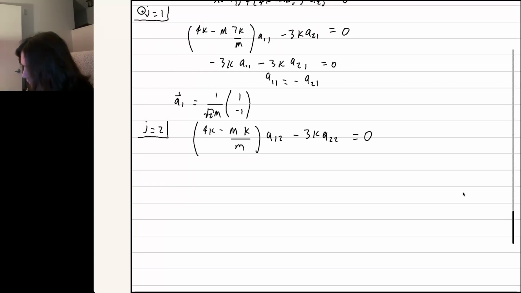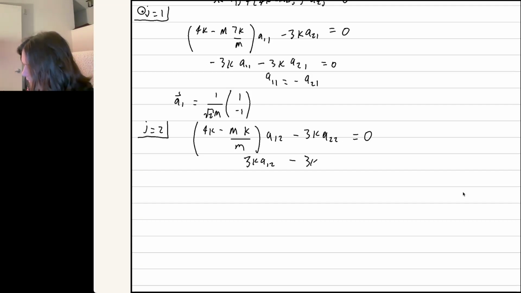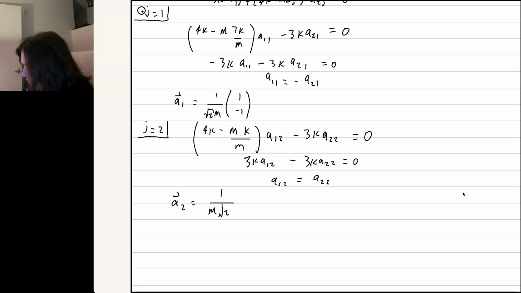This time we're going to have 3k a12 minus 3k a22 equals 0, which you're just going to find that a12 is equal to a22, which means our second eigenvector, a2, is now 1 over m root 2, 1, 1, choosing the simplest form. All right, that's pretty awesome.